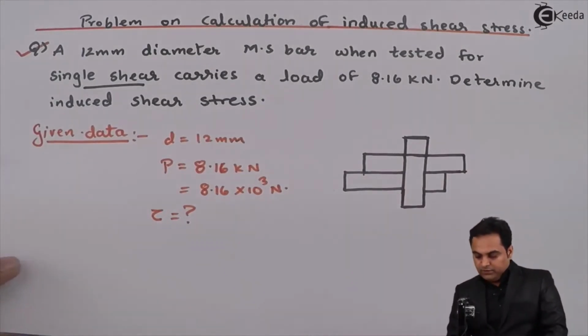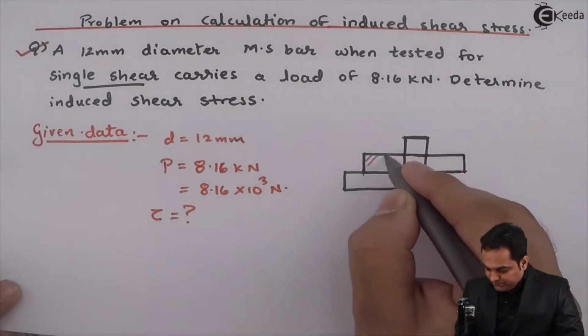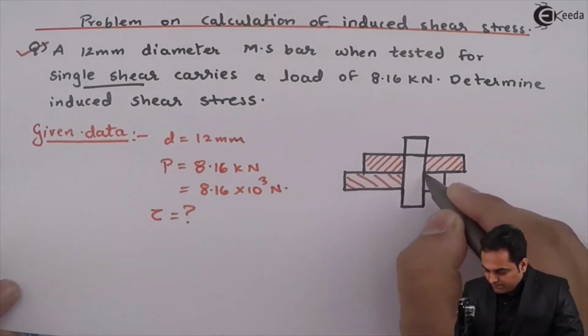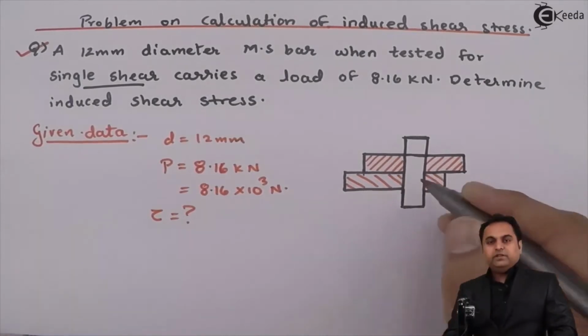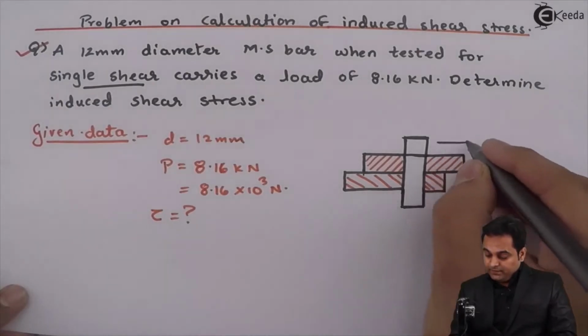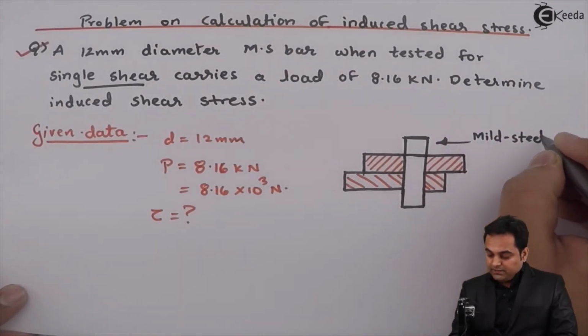Now here we have two plates, between the two plates we are having a mild steel bar.